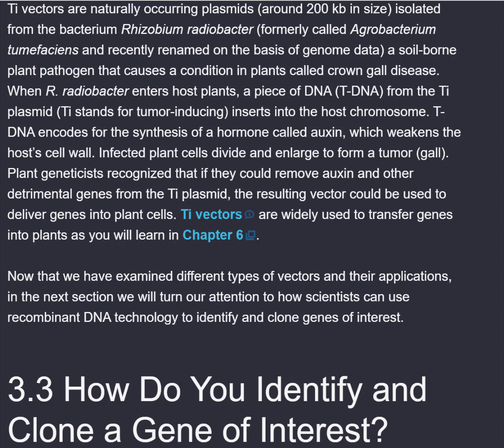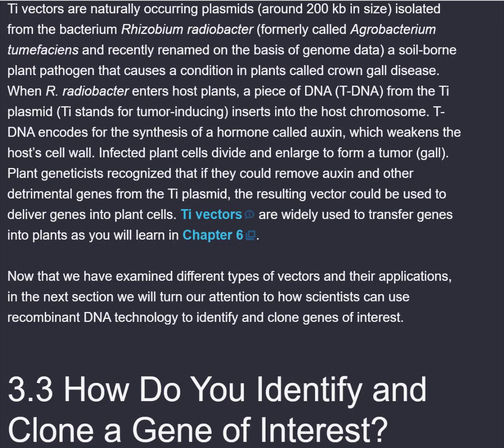When R. radiobacter enters host plants, a piece of DNA, tDNA, from the TI plasmid, TI stands for tumor-inducing, inserts into the host chromosome. tDNA encodes for the synthesis of a hormone called auxin, which weakens the host's cell wall. Infected plant cells divide and enlarge to form a tumor, gall.